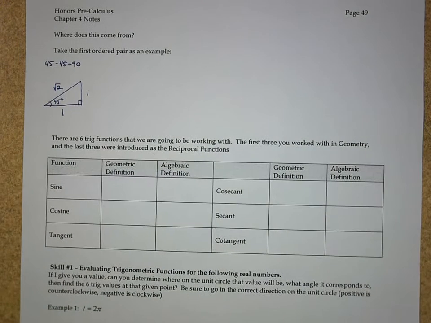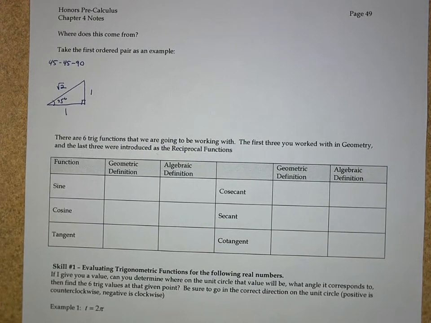Here the hypotenuse has a length of square root of 2. When we're working with the unit circle, though, we need the hypotenuse, or what's going to turn into the radius on our unit circle, to have a value of 1.